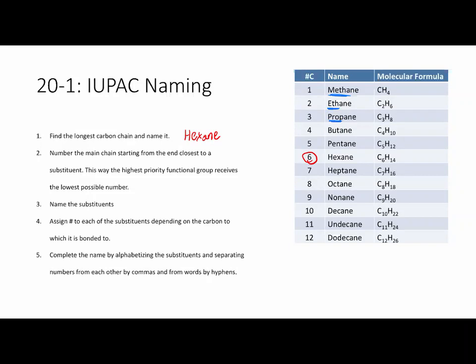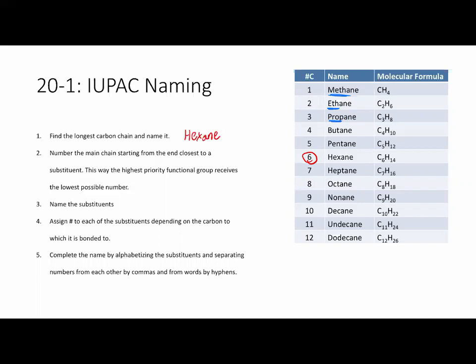This way, the highest priority functional group receives the lowest possible number. If both ends are equidistant to the first substituent, you proceed until the first point of difference. If 2 points of difference are reached at the same time, then you would pick the one that is first alphabetically.